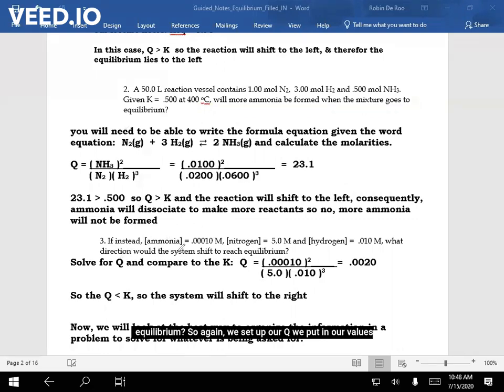Again, we set up our Q, we put in our values, and we solve for Q. In this case, Q is 0.0020. Q is smaller than K. That means the system will shift to the right. So you could say for your answer, the equilibrium would go to the right.